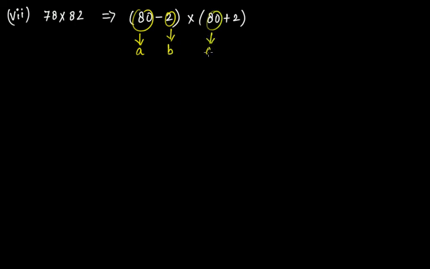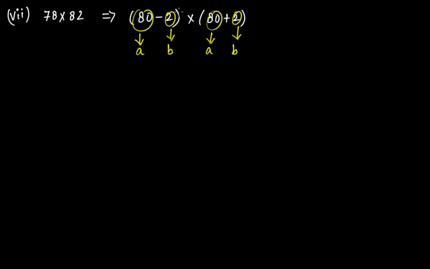This is 78 multiplied by 82. So this can be written as (80 minus 2) multiplied by (80 plus 2), right? Now this is of the form (a minus b) (a plus b), right?